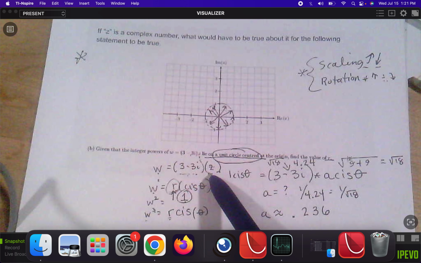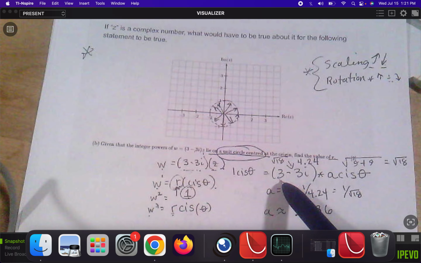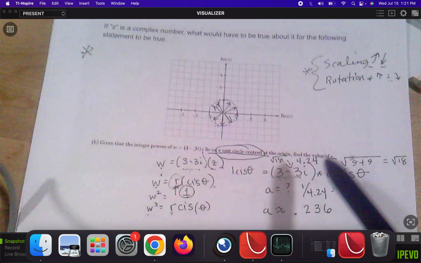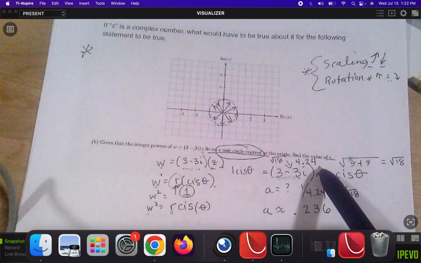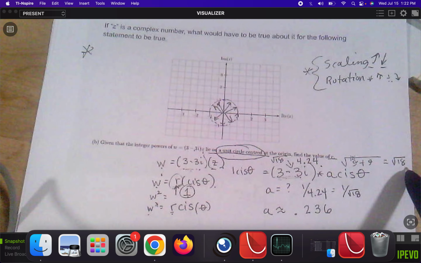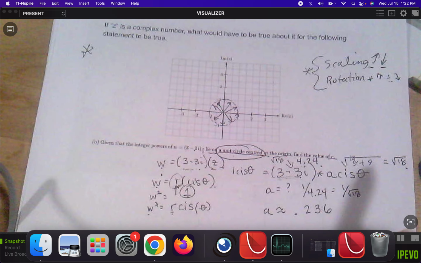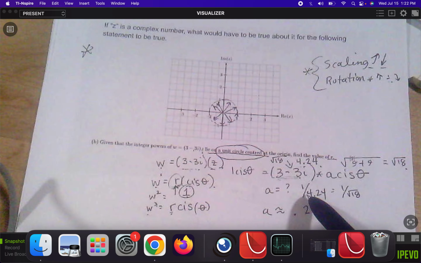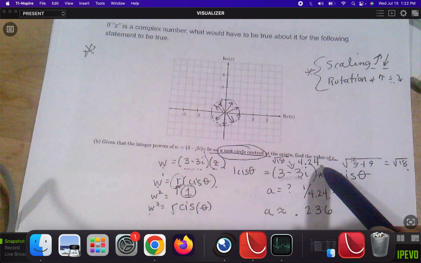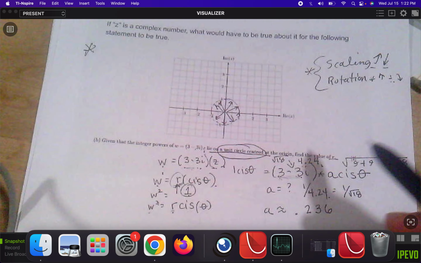So then we need to know what this guy's magnitude is. You can plug it in your calculator and get 4.24, or you can do it by hand using the Pythagorean theorem and get root 18. So if I had 1 over 4.24 and I multiplied it by 4.24, then I would get 1.